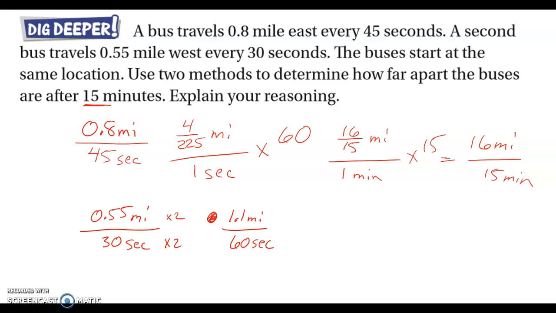So if I take 1.1, divide that by 60, 1 divided by 60. I'm going to now take that and times by the 15 minutes, because 60 seconds is 1 minute. So 1.1 times 15 gives me 16.5 miles for every 15 minutes.